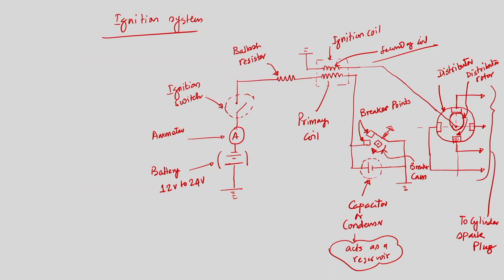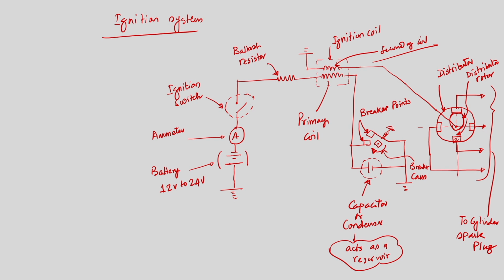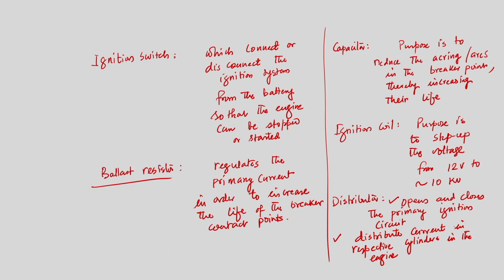We have understood that when current is flowing through the primary circuit, with the breaker points closed, magnetic flux is developed, and an EMF is developed in the secondary coil, but that EMF is not sufficient to break the spark gap. Now, when the distributor rotor rotates and opens the contact point, the magnetic flux in the ignition coil will try to collapse.